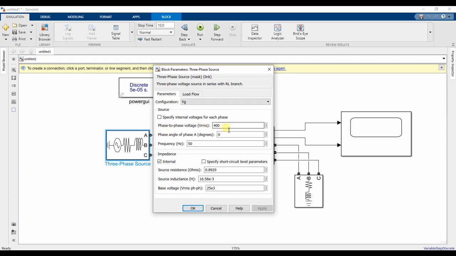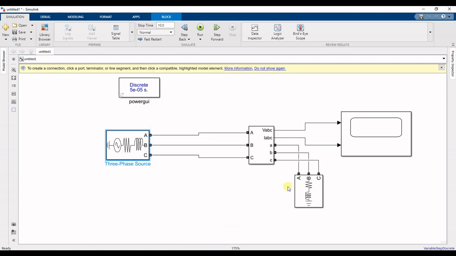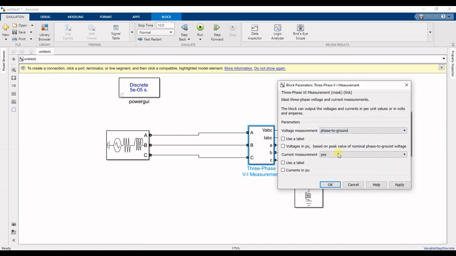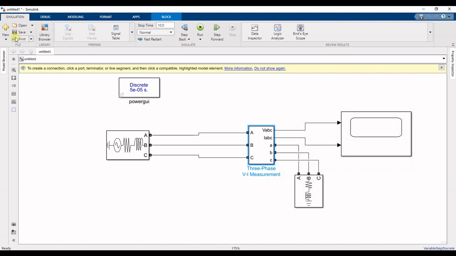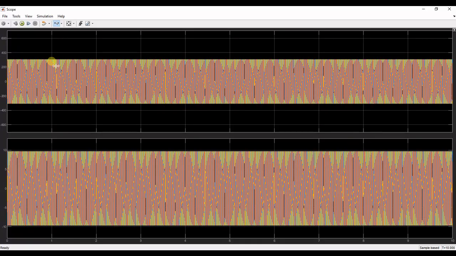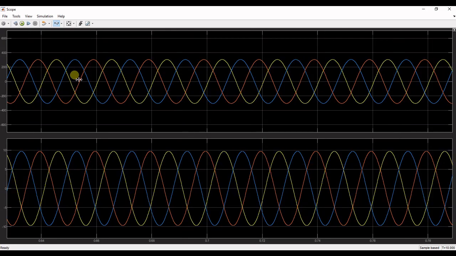If we change the three-phase VI measurement to phase to ground, then let's see what output comes. Now the output is the required output which we want.